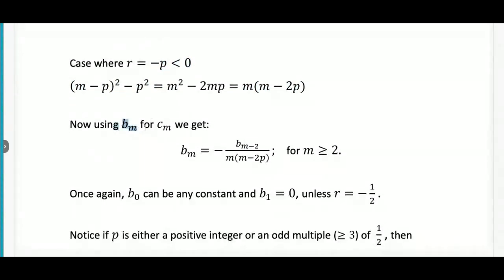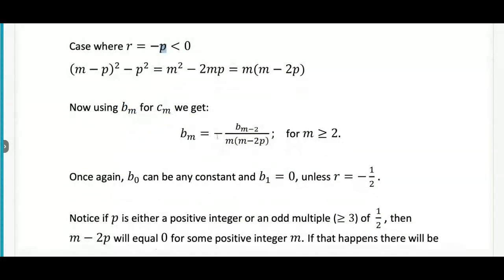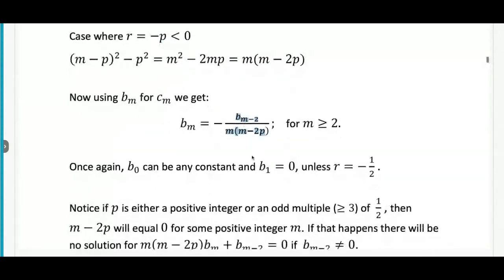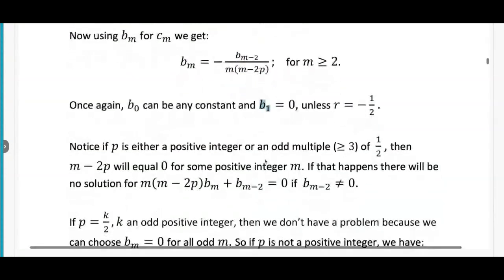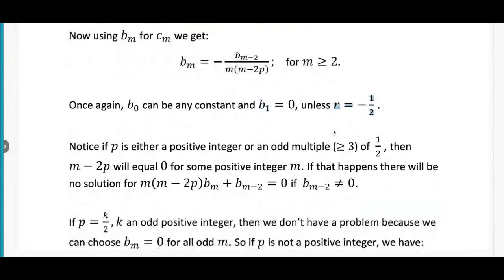Now we use b m for the solution with negative p. So we rewrite c m into this case. So b naught can be any constant, and b1 is 0, right, if we plug in, unless just for one number.